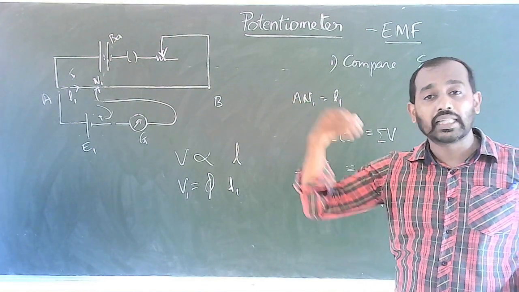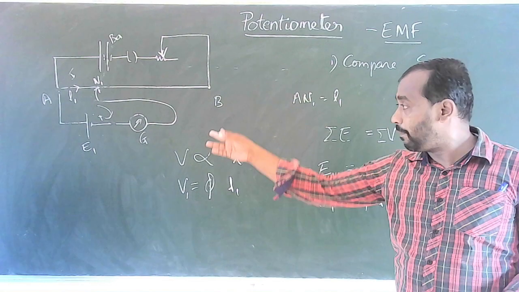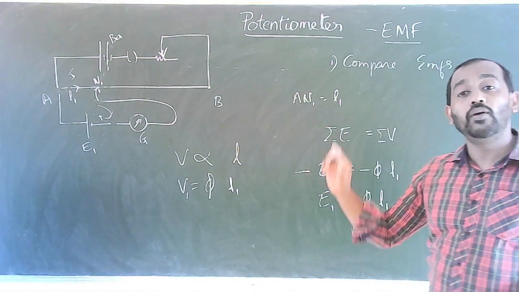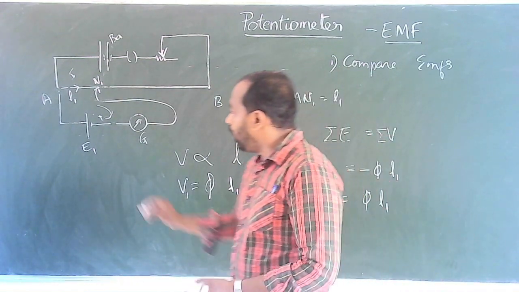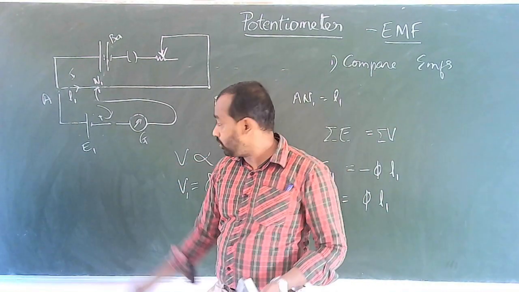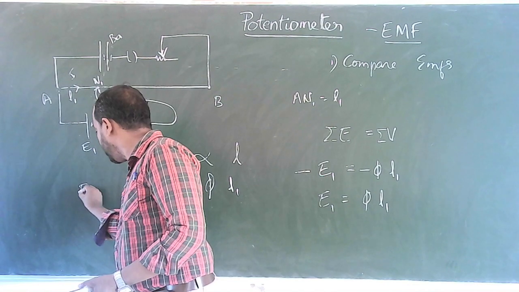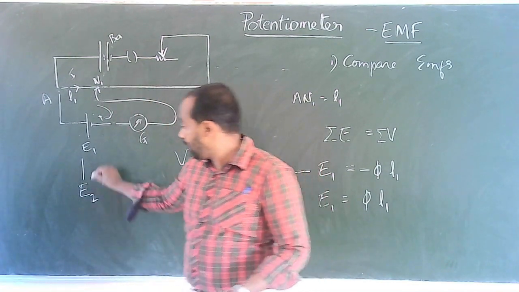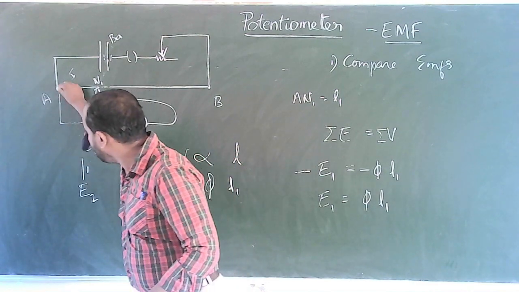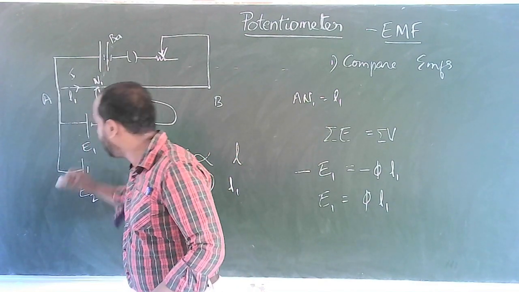If we use another cell to compare the EMF, therefore, we are going to use the two cells together. I am going to use another cell also, which is having the EMF E2. Again, the positive of the second cell will also be connected to the same point A.